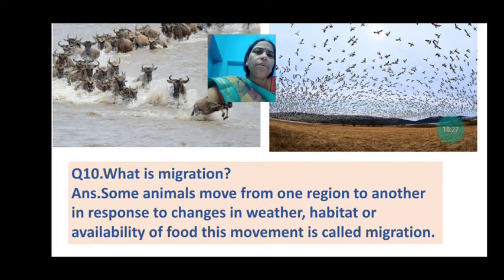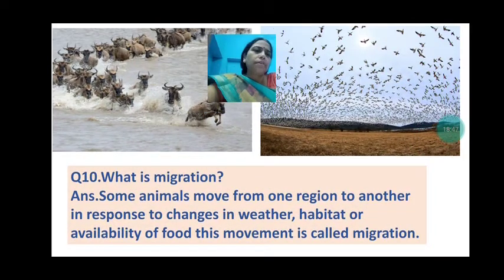Or, suppose in that area the food becomes scarce, then they go to another place where they will find a lot of food, and afterwards they come back to their original place again. So that is called migration.